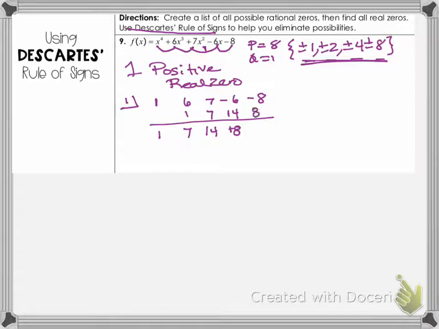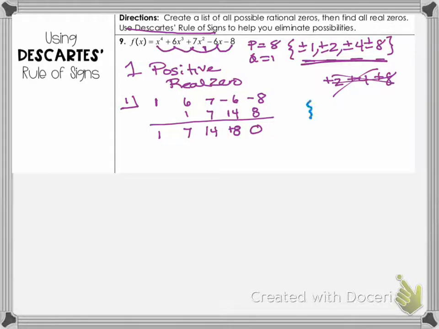And put a positive 8 there, and look, sure enough, that worked. So guess what? It eliminates positive 2, positive 4, and positive 8. They cannot be, because there's only one positive, and I already found it. It was 1.